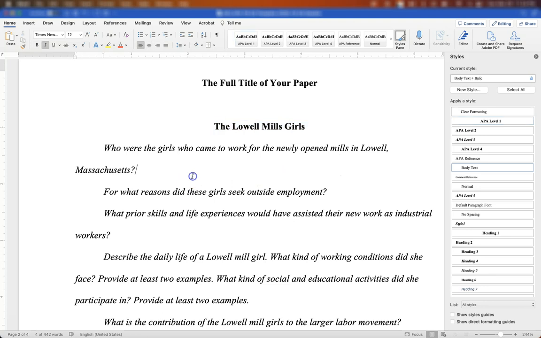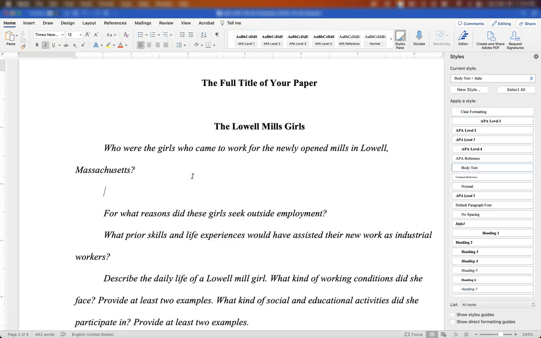And say, okay, so I'm going to be answering that question there. And so there's some things that I've looked at and said, oh, I think that's a subsection here. All right, reasons for seeking outside employment. Now, in APA style, the heading text doesn't need to be poetic. It doesn't need to be fancy.